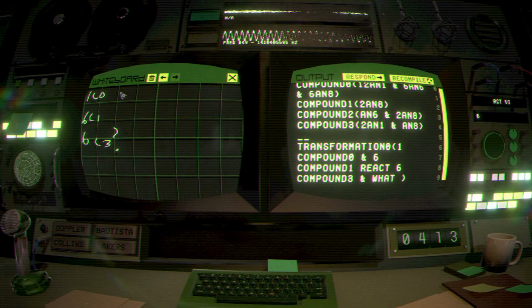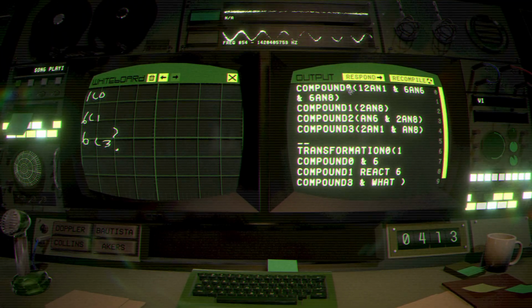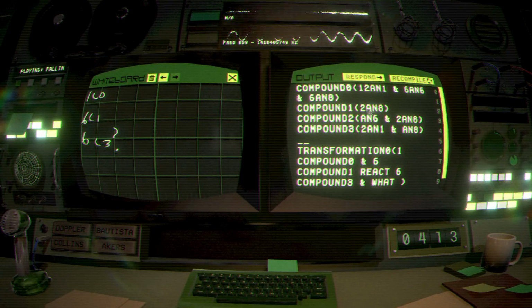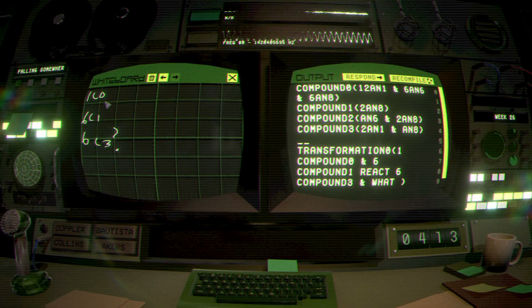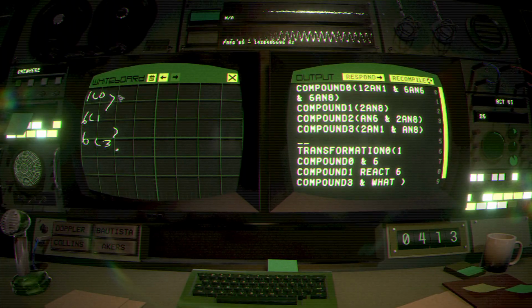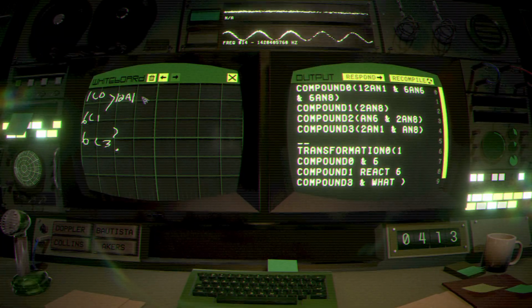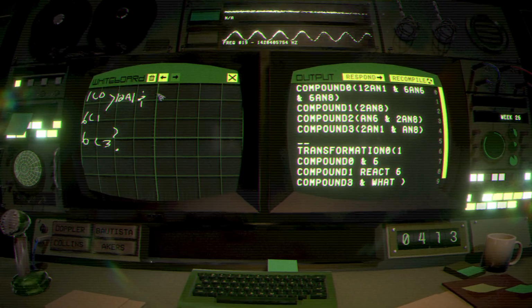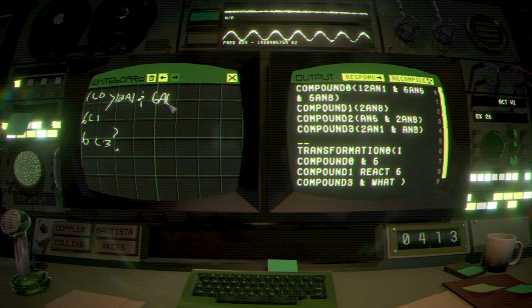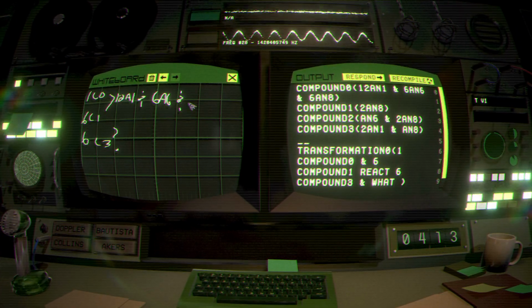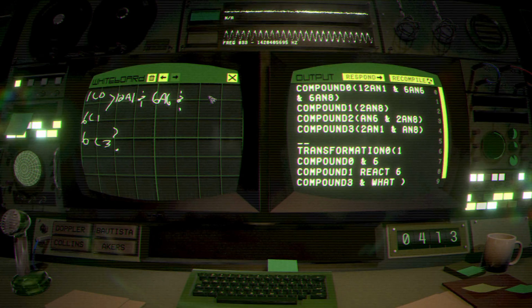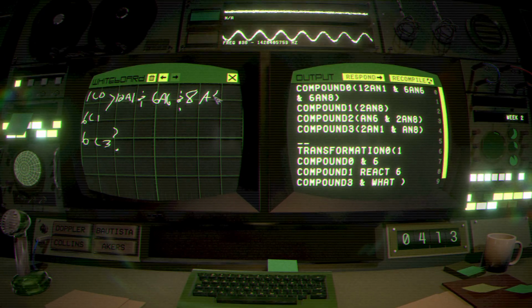Okay. So compound 1, 2 and 8. So the total of these two is 12 and 1 and 6 and 6 and find these two, 8 and 8.